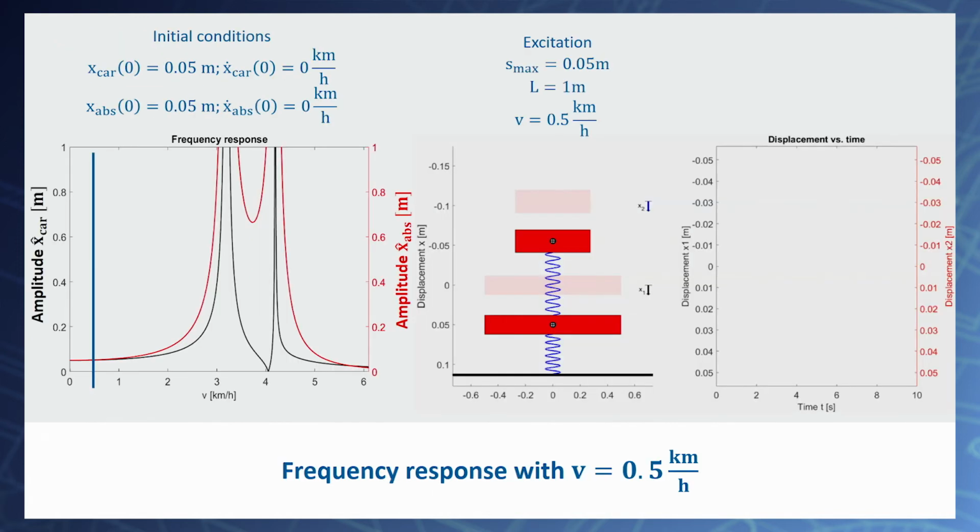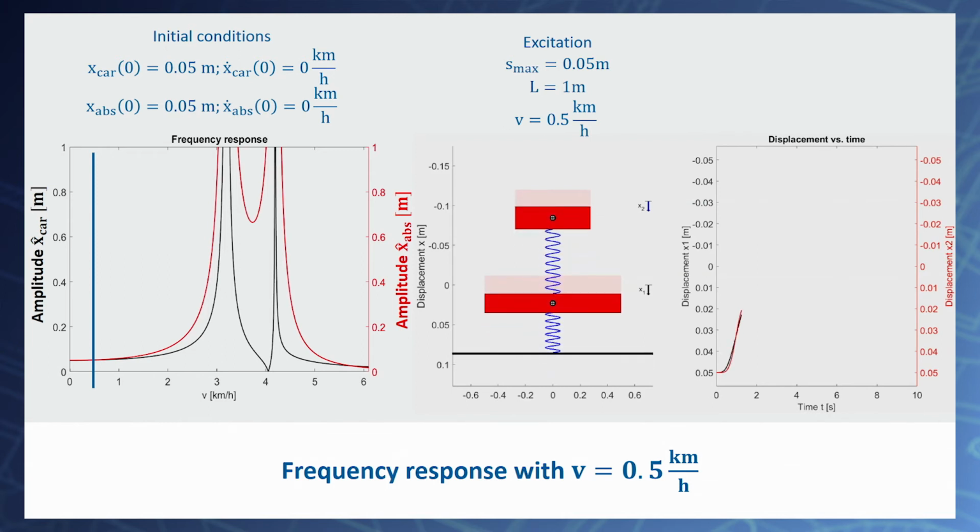Now let's look at the simulation that shows us the behavior of the mass. You also see the initial conditions, no velocity, but certain values for the coordinates x car and x abs. And shaded, you see the 0 position. So we start from an extended position, and now we can start the animation.